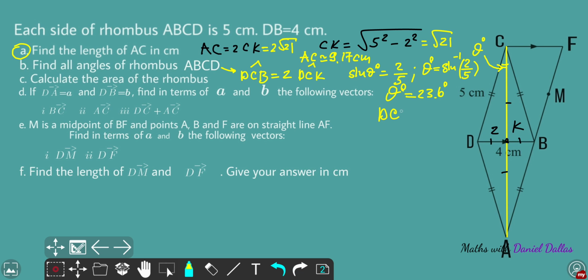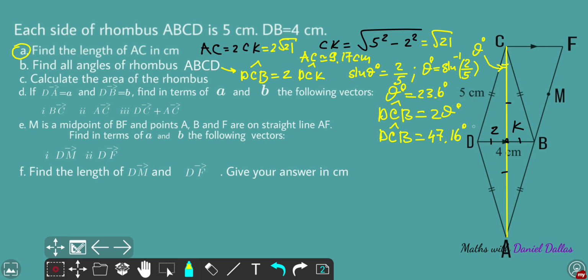So angle DCB is going to be twice the angle theta. If we times that by 2, we've got 47.16. So angle DCB is going to be 47.16 degrees. Okay, it's done.